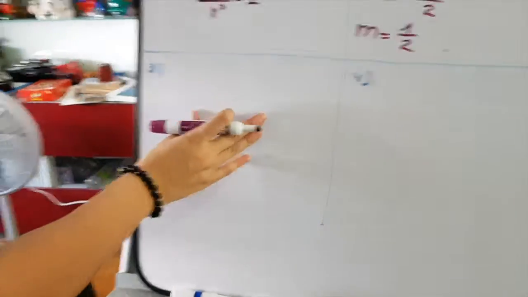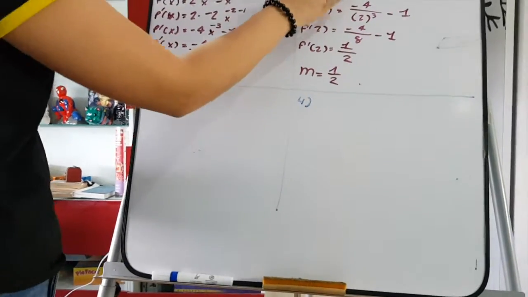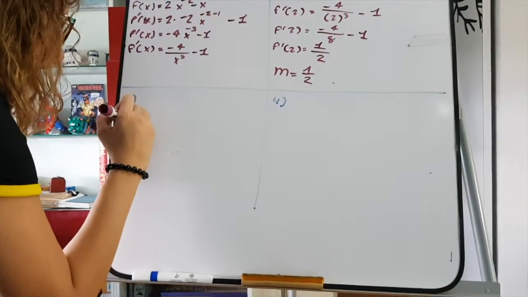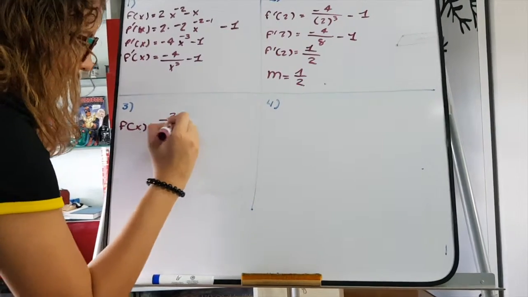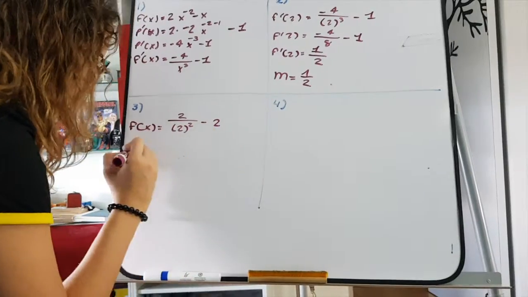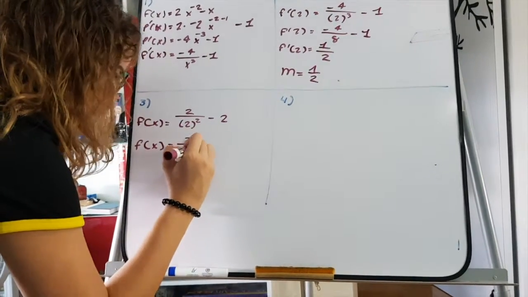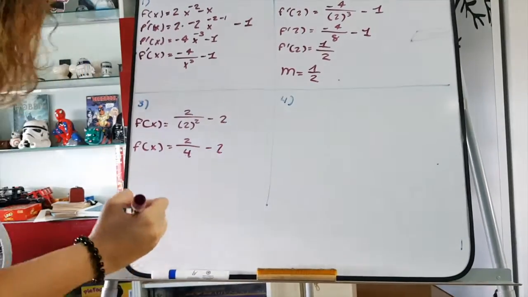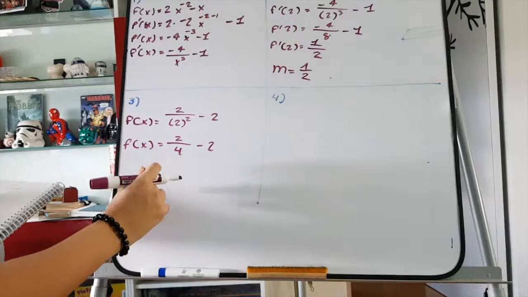Finally, in the third step, we need to replace the given point in the original function. So, f of x equals 2 divided by 2 squared minus 2. F of 2 equals 2 divided by 4 minus 2.